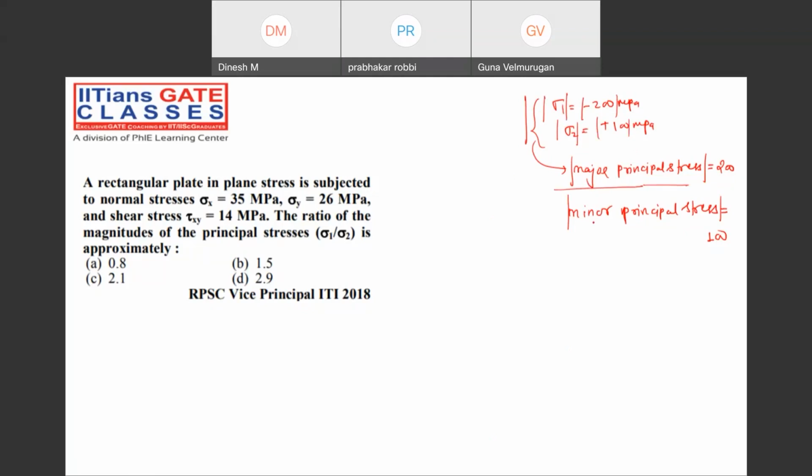People make mistakes in these particular areas, coming to this principal stress and strain chapter. So note down, and once it is done, let me know. Before that, let me know the answer also.